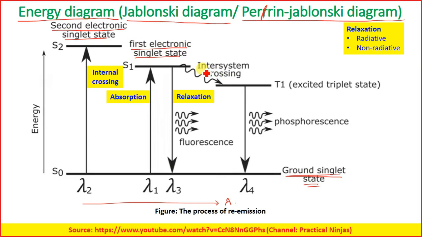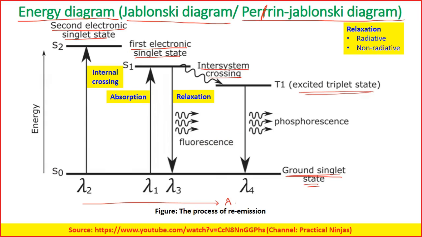Then inter-system crossing, and then the excited triplet state. Now let us take up to this, say lambda 3, the fluorescence. I have drawn the fluorescence over here.